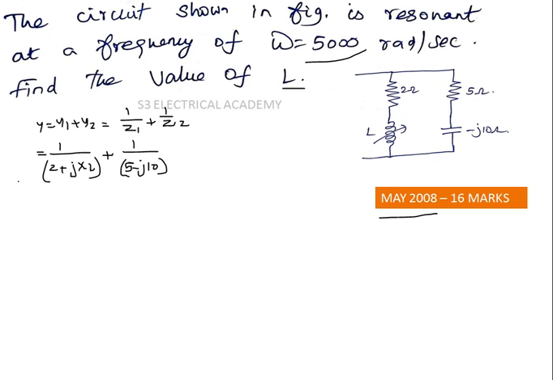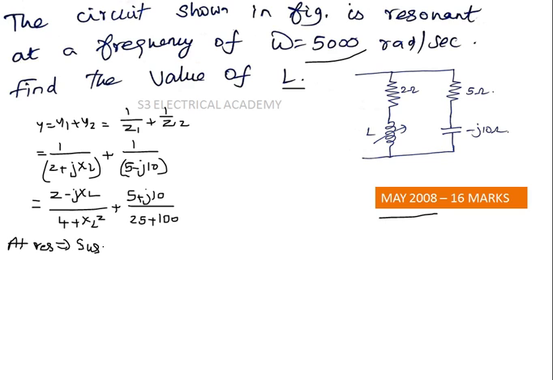Now take the conjugate and multiply in both numerator as well as denominator. 2 minus JXL divided by 2 square, 4, plus XL square, plus 5 plus J10 divided by 5 square, 25, plus 100. Now at resonance, the susceptance is equal to 0. Susceptance, that is the imaginary part, should be equal to 0.